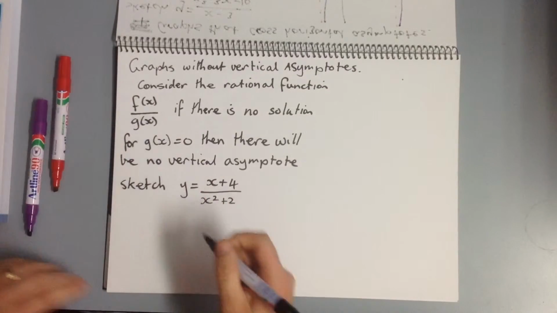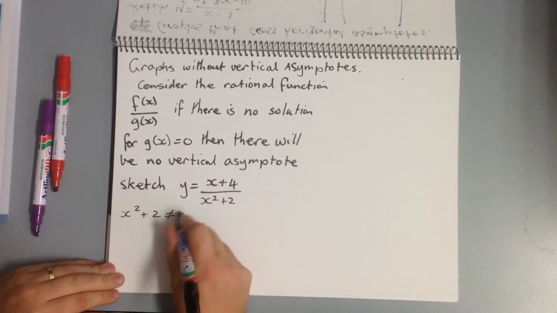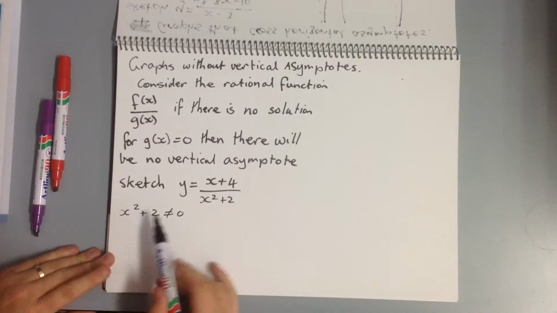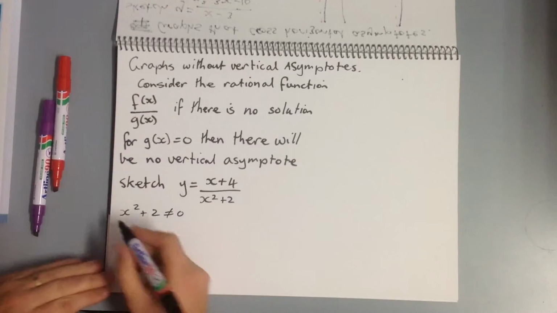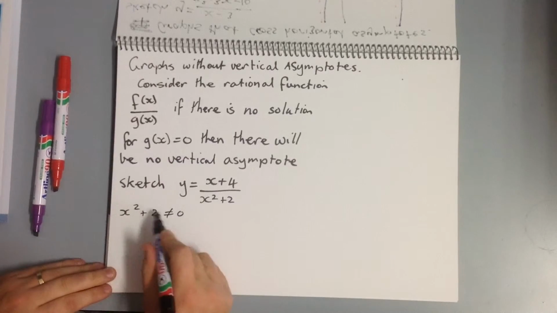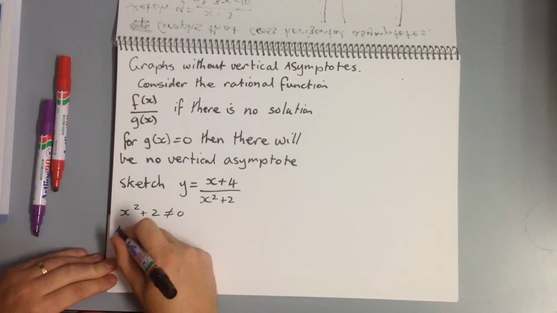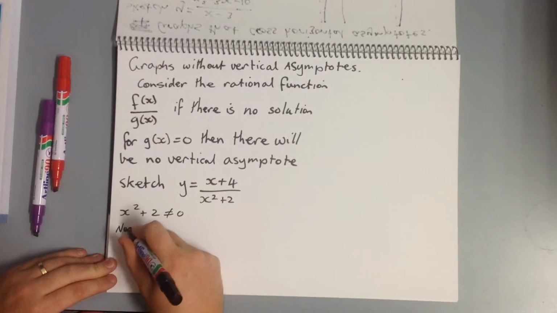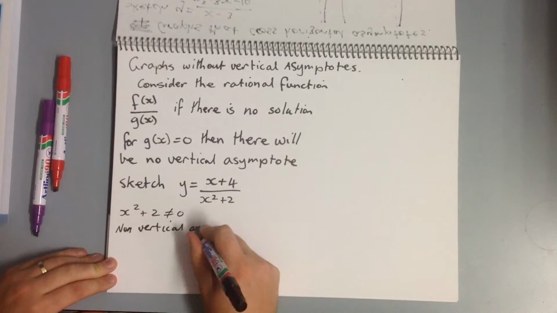So since x squared plus 2 cannot equal 0, because if we tried to do it, we'd be taking 2 away onto this side, taking the square root of -2, can't do. So there's no times that we actually can get this to work. Okay, so we have no vertical asymptote.